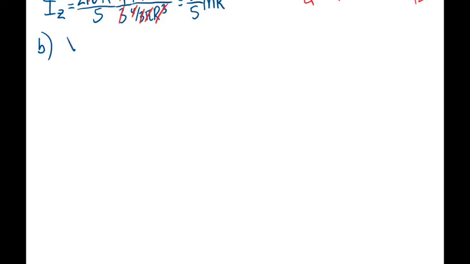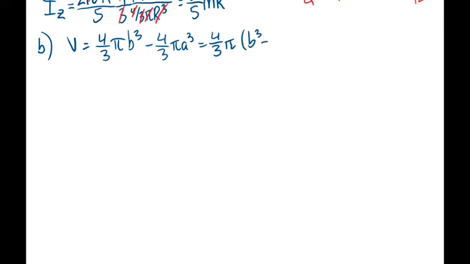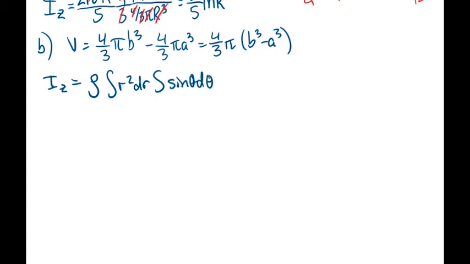We first will note that the volume will be 4/3 pi b cubed minus 4/3 pi a cubed, or 4/3 pi times b cubed minus a cubed. We'll then do the same integral, r squared dr sine theta d theta d phi r squared sine squared theta, but with slightly different limits of integration.